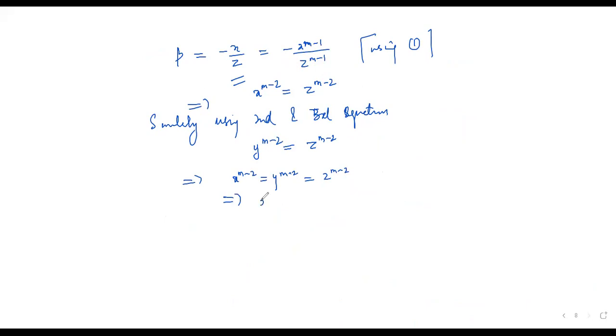Which would imply that x is equal to y is equal to z. And for an umbilic we must have this, which means that the umbilic must lie on the intersection, which is the equation of a line.